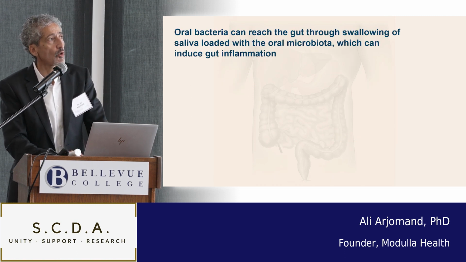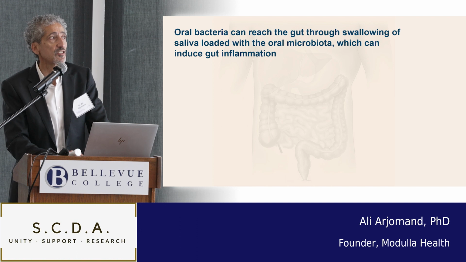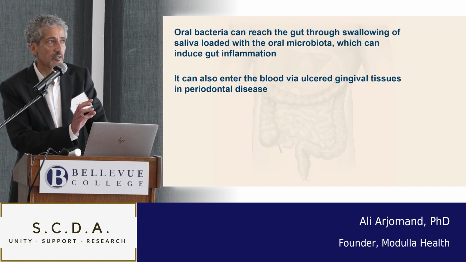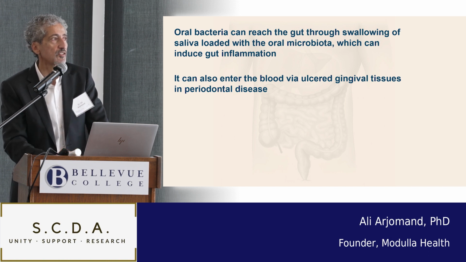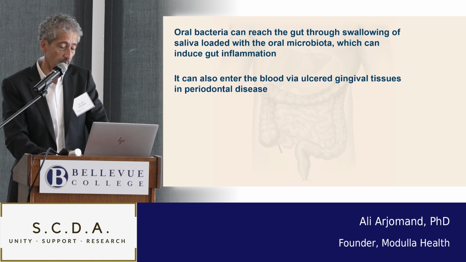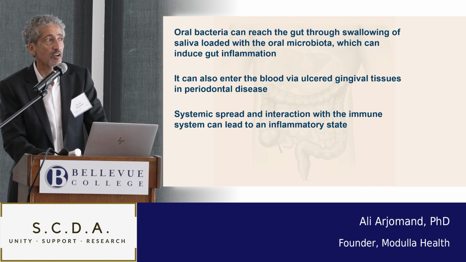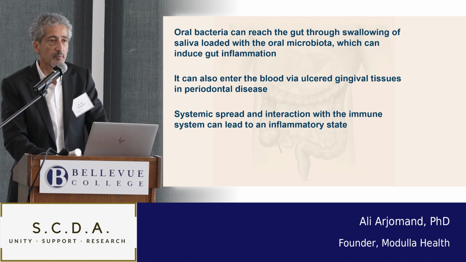So here are the things. Oral bacteria can reach the gut through swallowing, I mentioned that, of saliva loaded with tons of oral microbes, and then these can induce gut inflammation. It can also enter the bloodstream, all right, through these ulcerated cavities, these openings in your intestines, and reach the bloodstream through a kind of backdoor entry. And then through the bloodstream, they can spread systemically and interact with all sorts of places in your immune system.